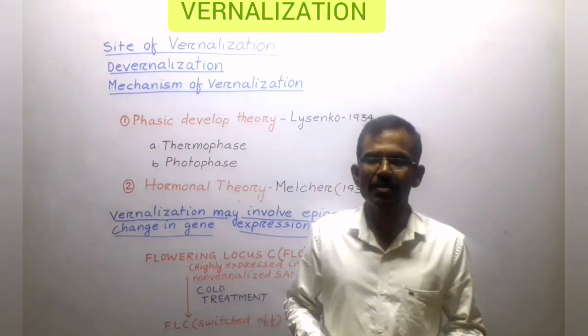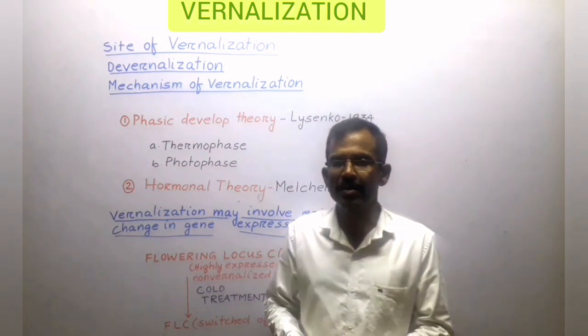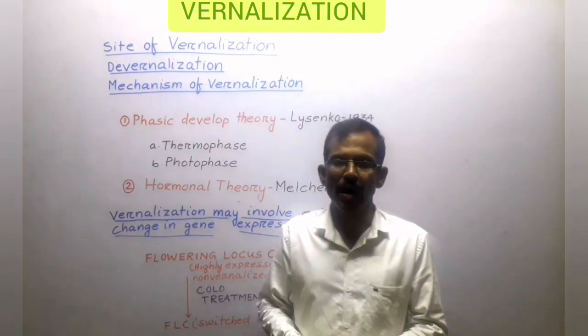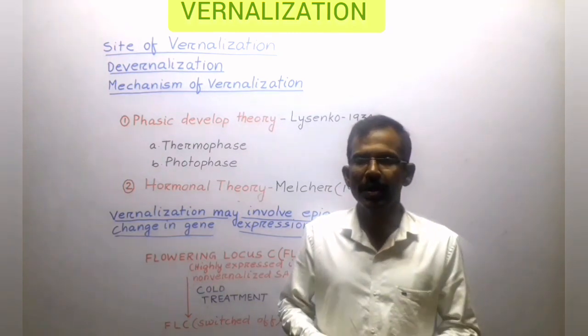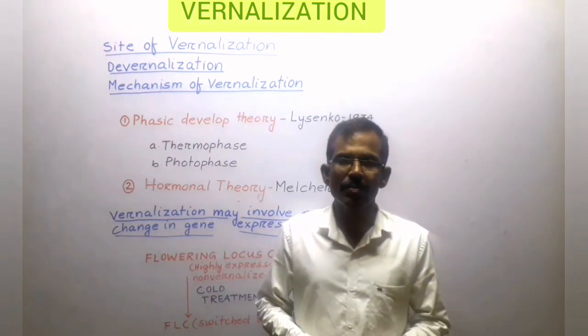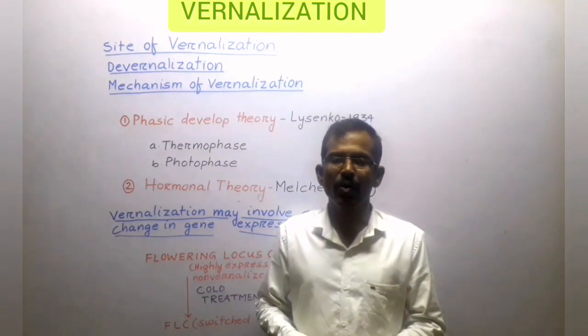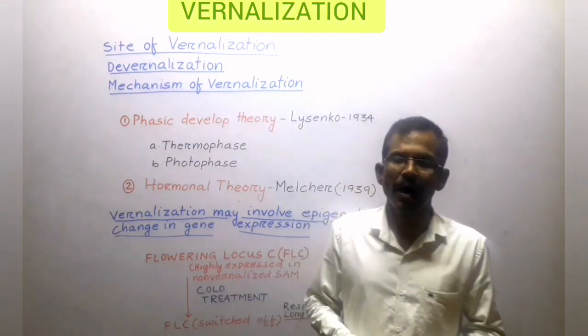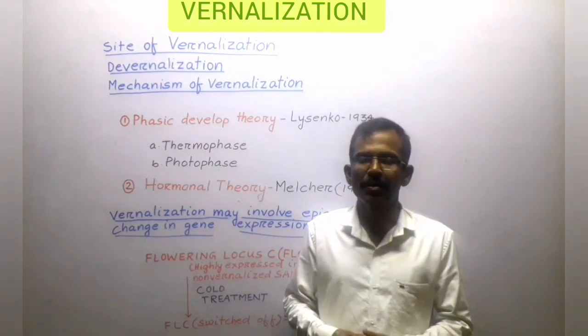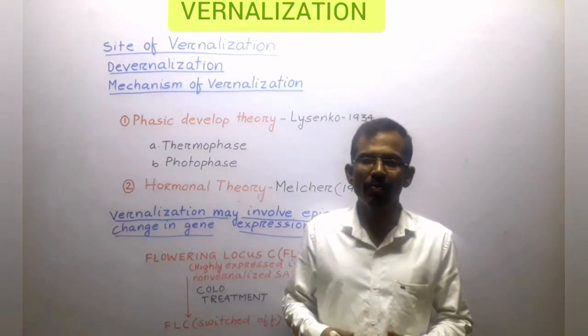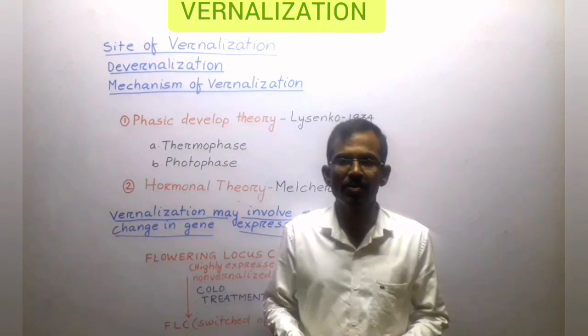When a vernalized meristem is transplanted on a non-vernalized plant, then it will ultimately flower. But if a non-vernalized meristem is grafted on a vernalized plant after the removal of vernalized meristem, then the plant will not flower.